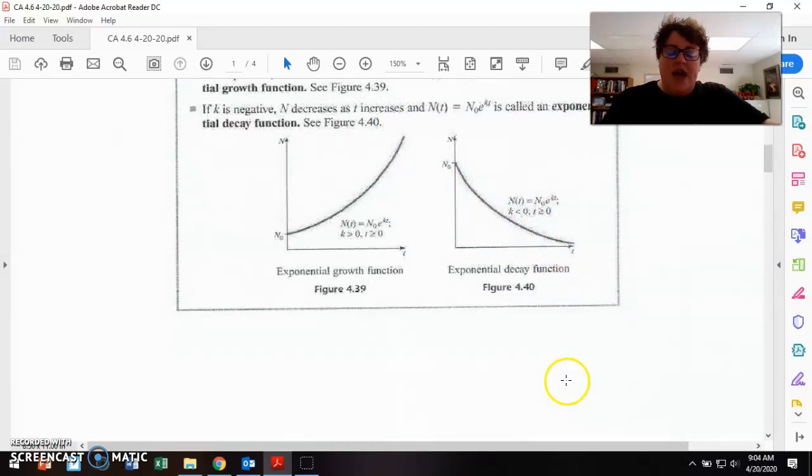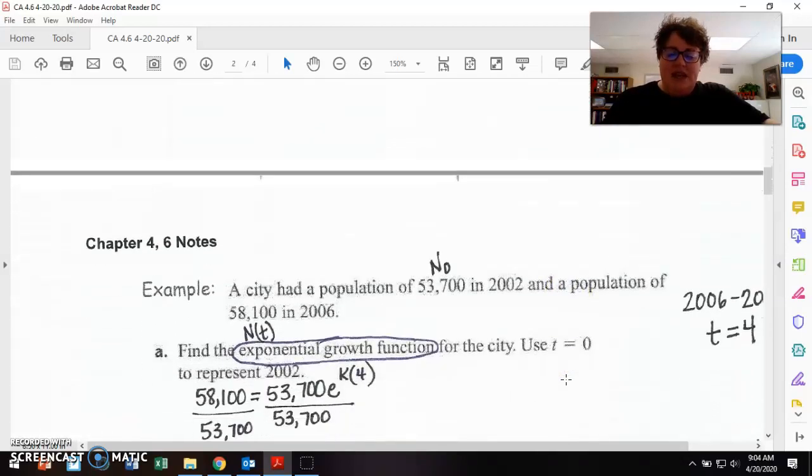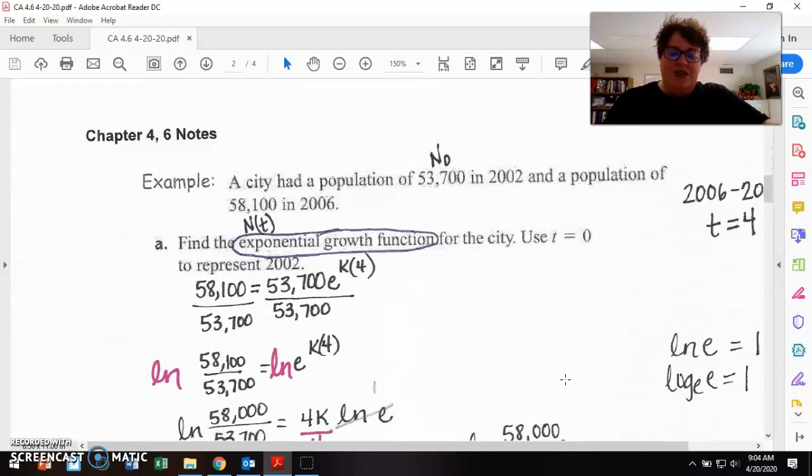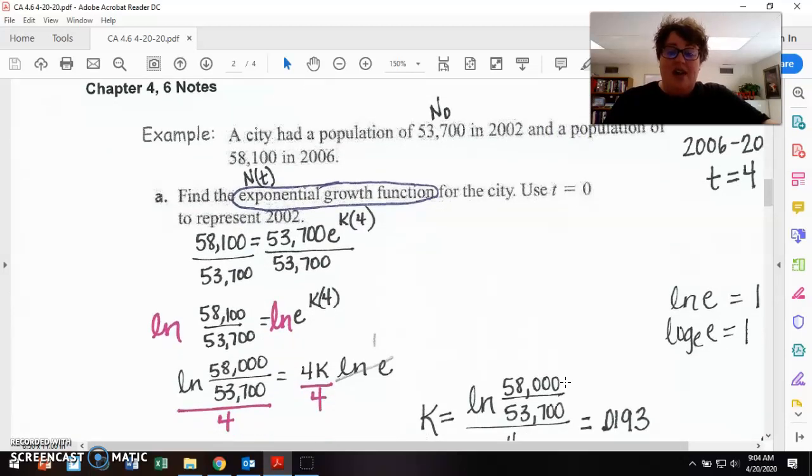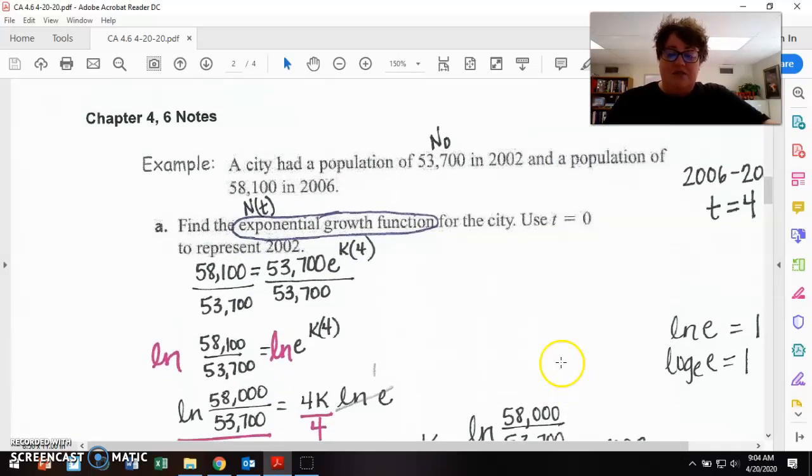So how we do this is the first thing we have to do is create our exponential growth function. A city had a population of 53,700 in 2002 and a population of 58,100 in 2006. So in a span of 4 years, it grew from here to here.